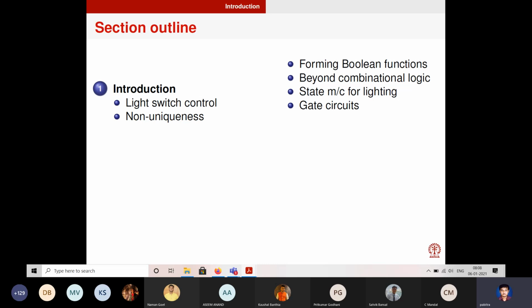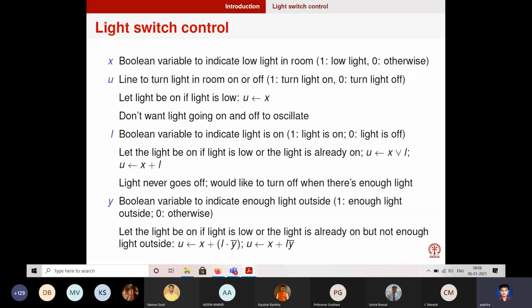Okay, so a quick recap of what was taught in the last class is that you can represent a light switch control mechanism in the form of a Boolean algebra rule or Boolean algebra formula. So we have the following quantities which we call Boolean variables taking values 0 or 1. So X represents if the light in a room is low or not.